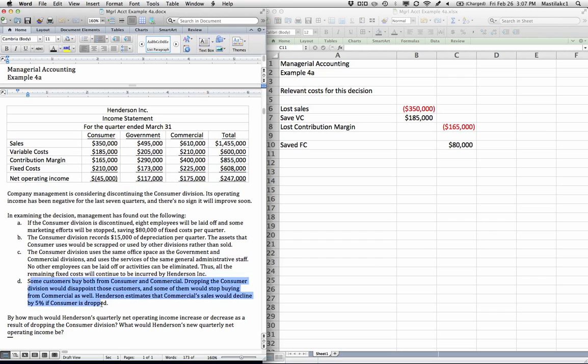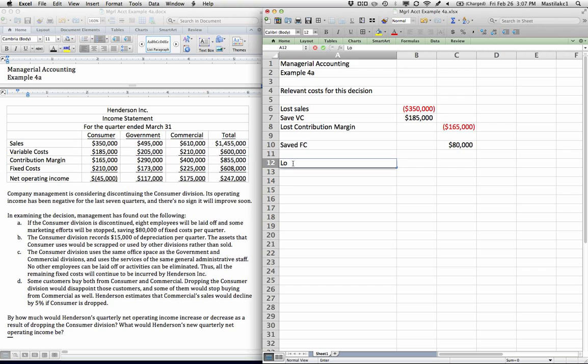The last piece of information we have that we can consider is what happens to commercial if we drop consumer. Well, with commercial, we're going to lose 5% of our sales, so that equals 0.05 times $610,000. So we're going to lose that much in sales.